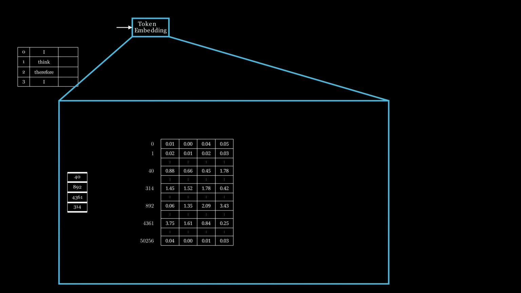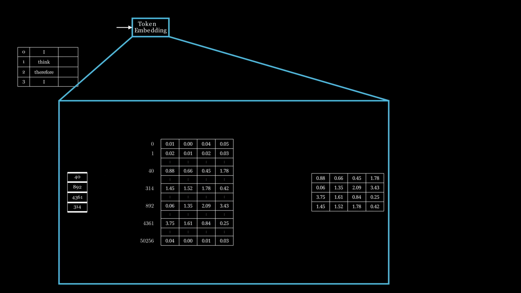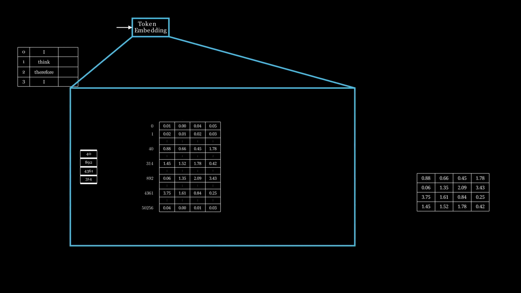Real GPT-2 uses 768. After lookup, we get a 4x4 matrix, 4 tokens, sequence length, and each token a 4-dimensional embedding. This is the token embedding output.